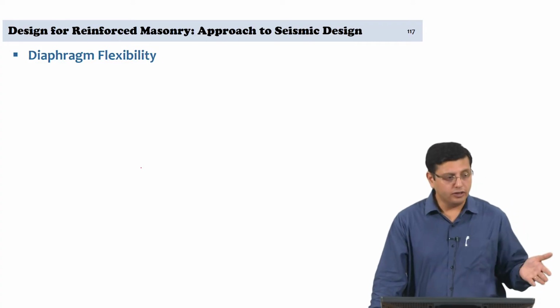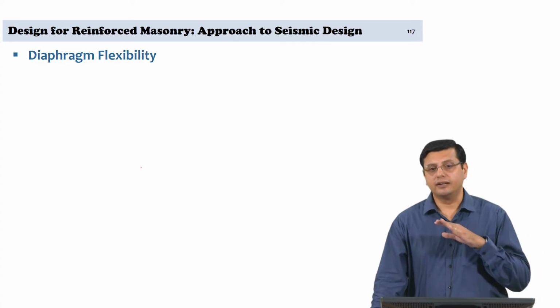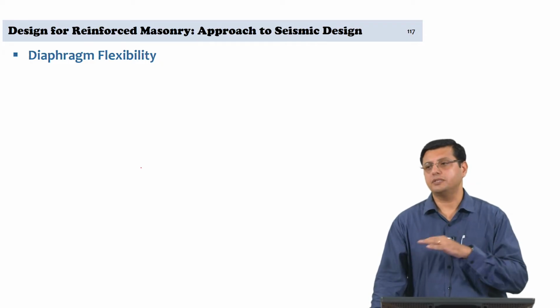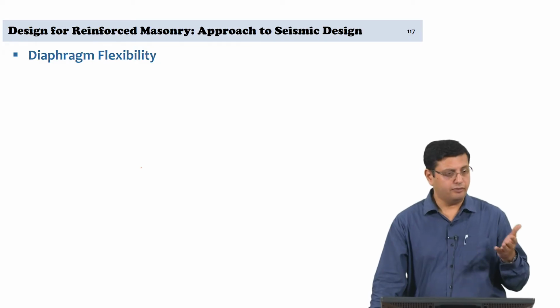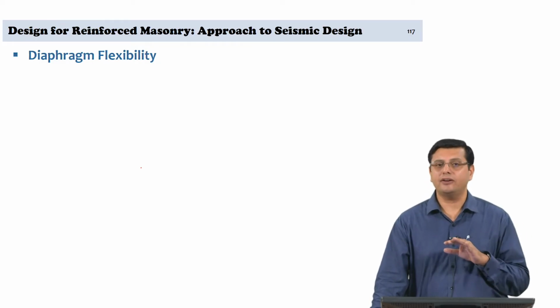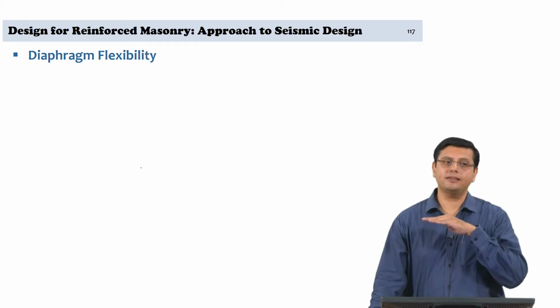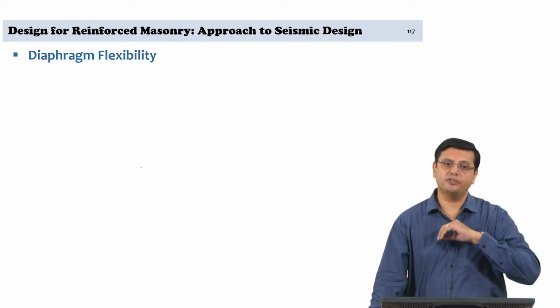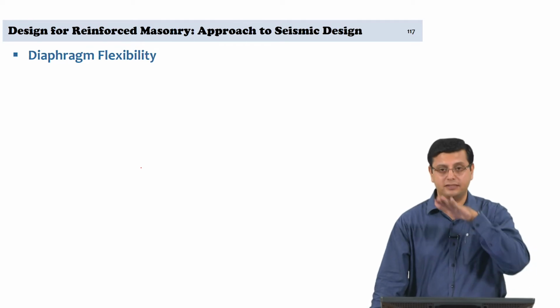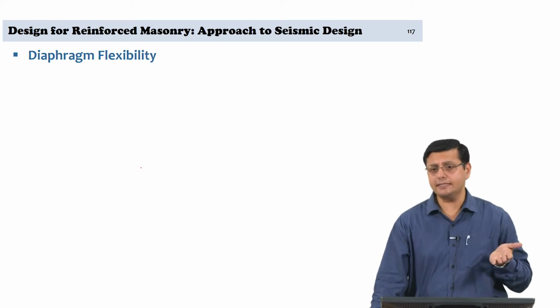Now, all this while we have been talking about a rigid diaphragm consideration. So, if you have a masonry structure which has reinforced concrete floor slab and roof slab, we are talking of a system that can offer adequate in plane stiffness of the diaphragm. Mind you, it is in plane stiffness, it is not the out of plane stiffness, which is the bending stiffness of the slab.